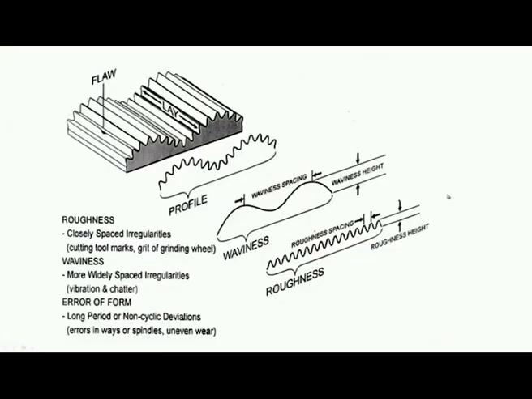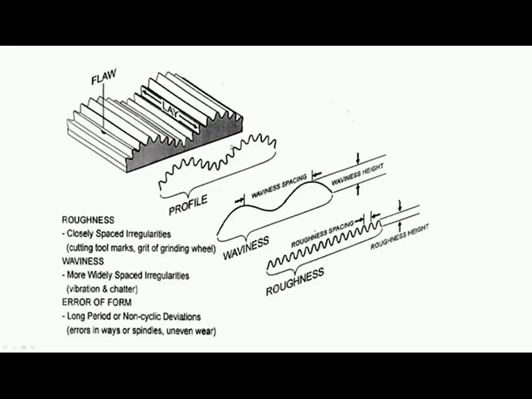Now we can see all those terminologies in this diagram. You can see this is the total profile, which consists of waviness of the surface, micro irregularities, micro asperities, valleys and peaks, as also the taper and drum shape or barrel shape.